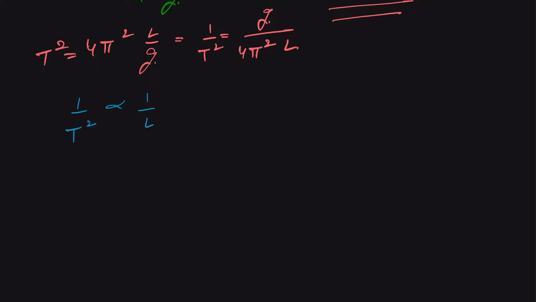Okay, from this equation, because g upon 4 pi square is a constant, this gives us the relationship, and in terms of a general graph we can write this as y is equal to kx. Okay, if we want to remove the proportionality, this relationship can be written as y equals kx.